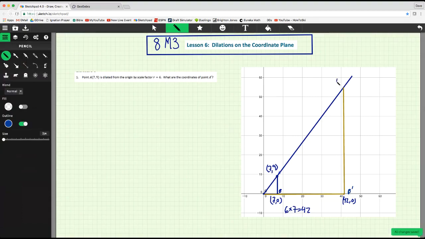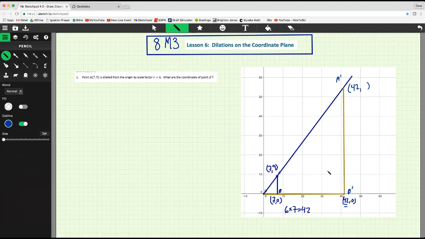And this is A prime. I don't know the coordinates of A prime, remember, but I do know the coordinates of B prime. It's (42, 0). So if this line here is parallel to this line here, then these are both vertical lines, and a vertical line that goes through this point at 42 must also have an x coordinate of 42.